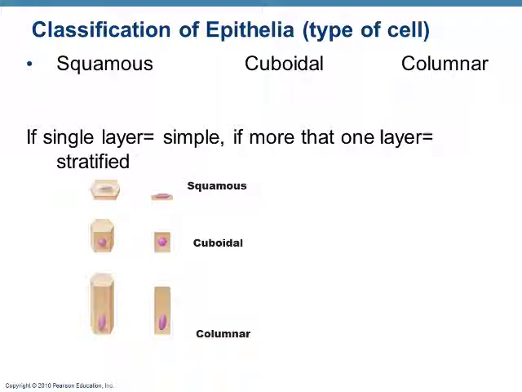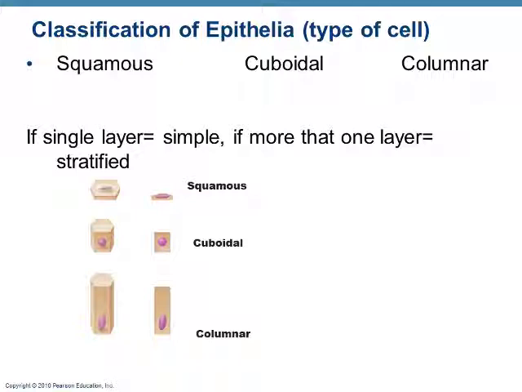The epithelial tissue that has the cells like this, tall cells, with the nucleus inside. So this epithelial tissue is called columnar. The cells are like tall columns. So columnar epithelial tissue.